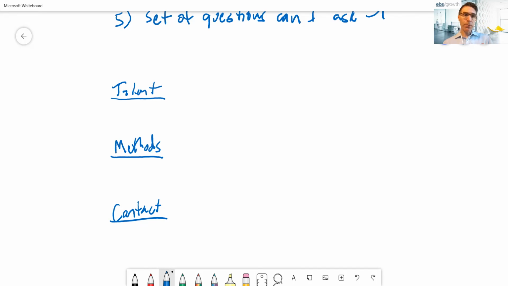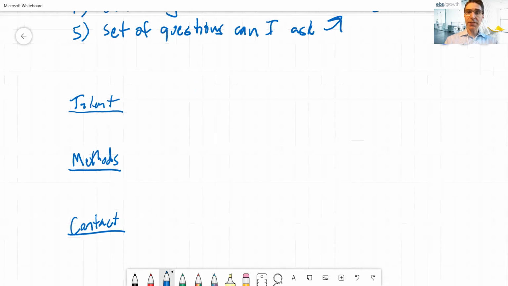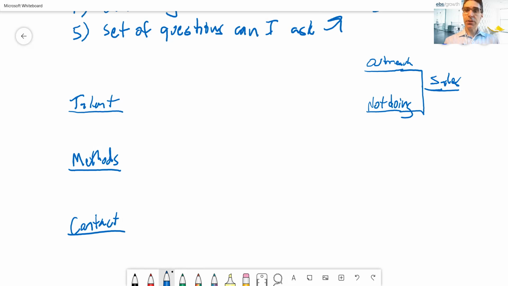So if those are the overarching buckets that I'm trying to lead them to, I'm going to say, okay, so you lack sales. Well, if you lack sales, that can happen for one of a couple of reasons. One is maybe we're doing outreach, but it's not effective, or we're not doing enough outreach. So we take it to these first 2.